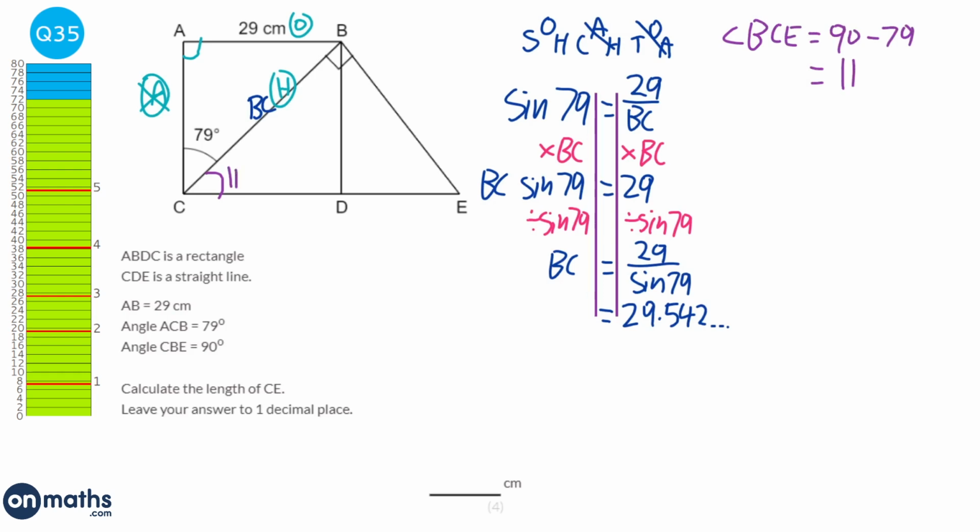So we know this is 11 degrees here. And we have enough information now to work out CE, because we've got this triangle here, and we've got this length here, the BC, and we've got this angle here. So we've got enough information now. So we're going to look for length CE.